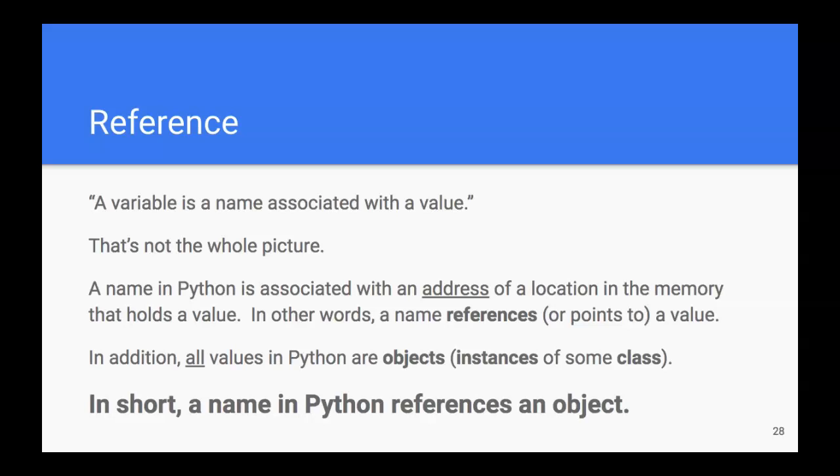So when you put those two things together, what it means is that a name in Python always references a particular object. Okay, so that is a very, very, very important concept in Python. A name always references an object.